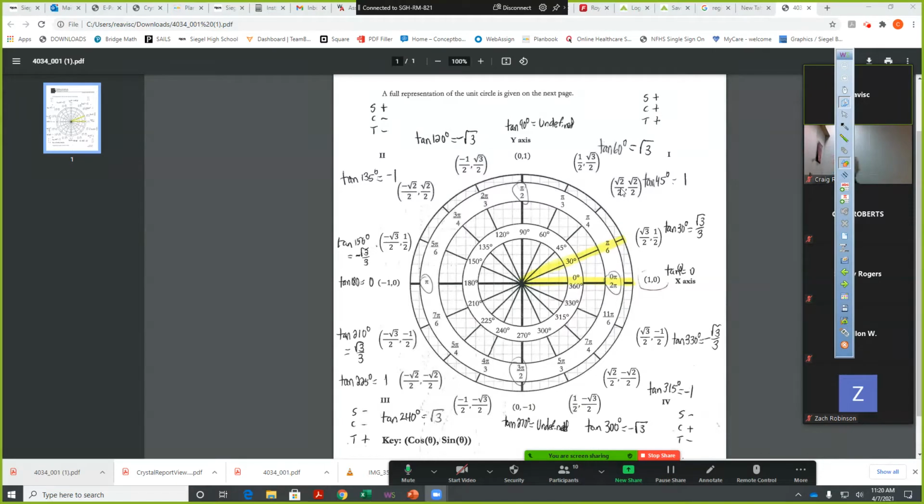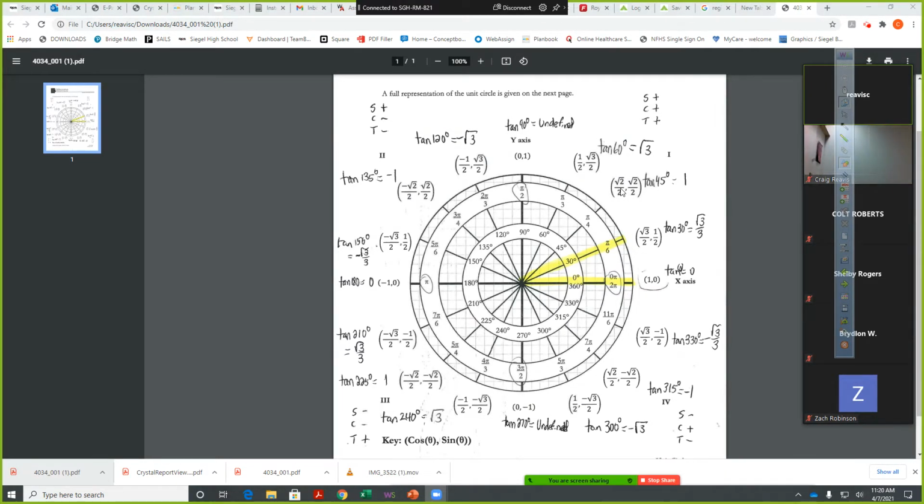All right, so there is the unit circle for you people at home to see. We'll be pulling things off of that. Remember, the sine as we go around is the y coordinates, the cosine is the x coordinates, and then I've got the tangent sort of written out where we went ahead and simplified those because they're sine over cosine.